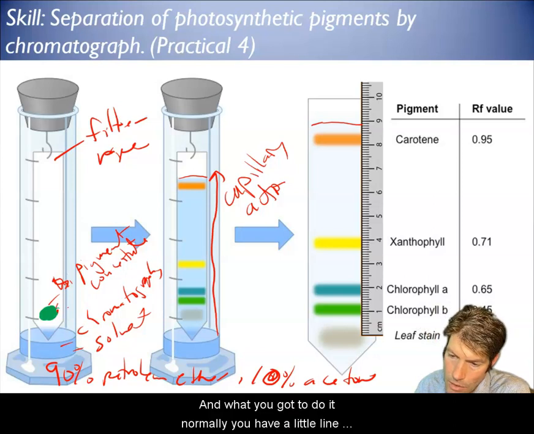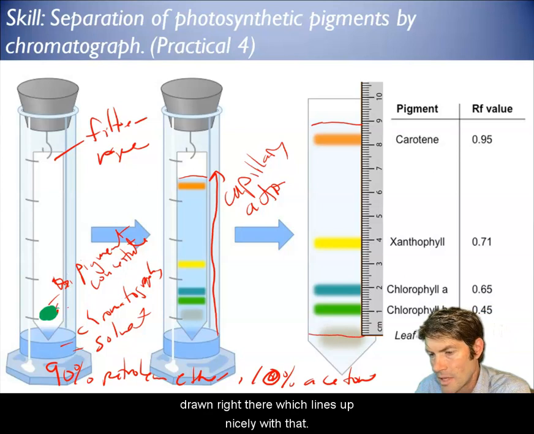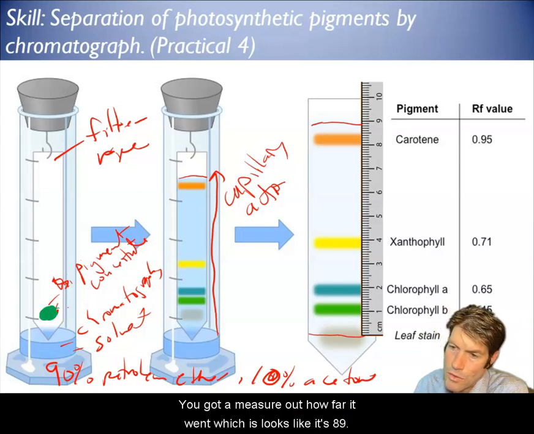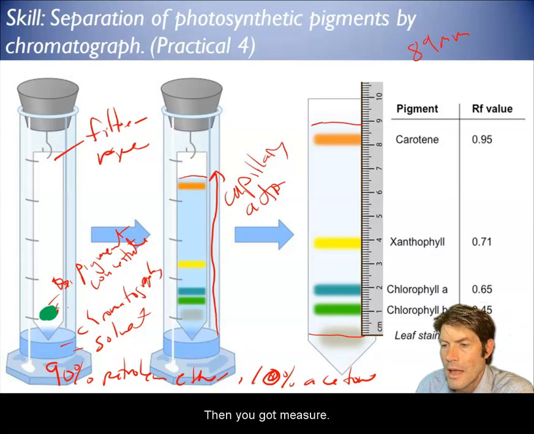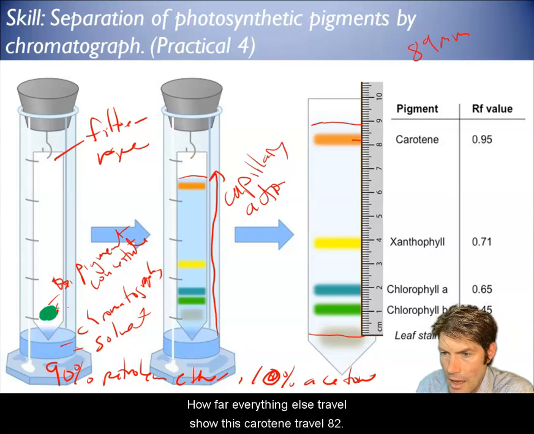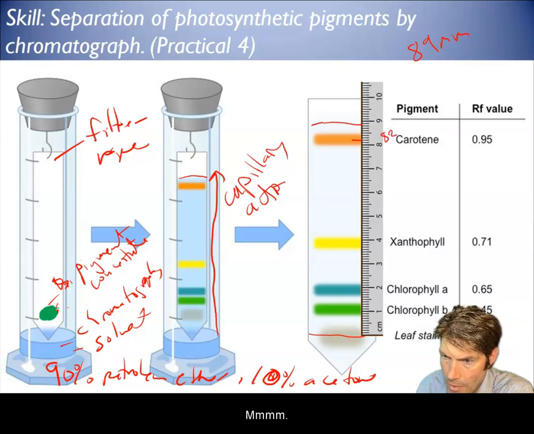Normally you have a little line drawn right there, which lines up nicely with that. You got to measure out how far it went, which looks like it's 89 millimeters. And then you got to measure how far everything else traveled. So this carotene traveled 82 millimeters.